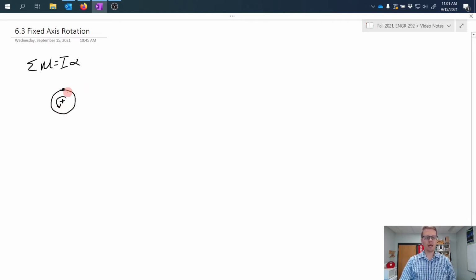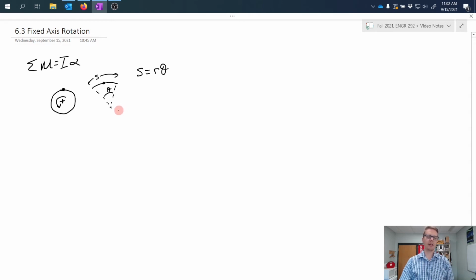I should also note that at that point, or really any point in a fixed axis rotation, we can treat the motion of that particle as traveling along some small segment, which we've called S, or arc length S, and that all occurs over some change in time. Previously we've shown that this arc length S is equal to r theta. As this particle moves across the arc, the arc has some angle associated with it, theta.